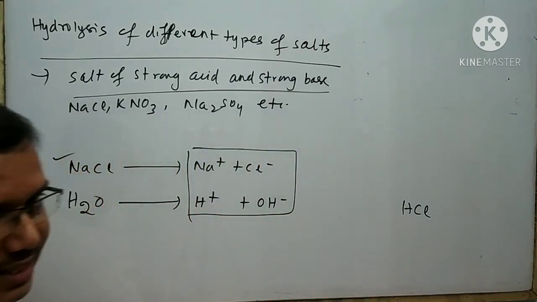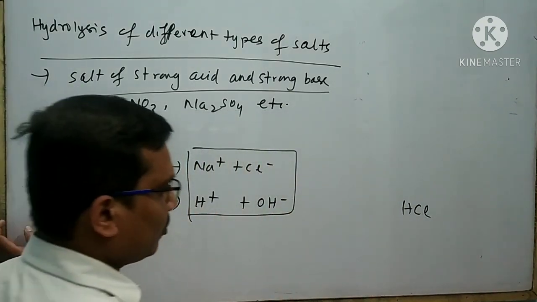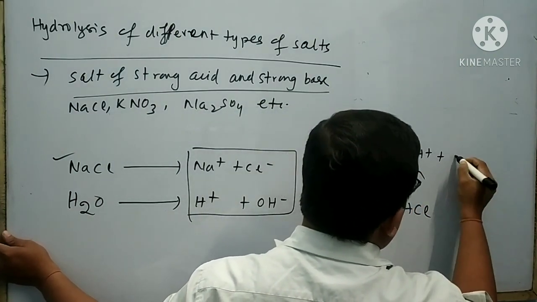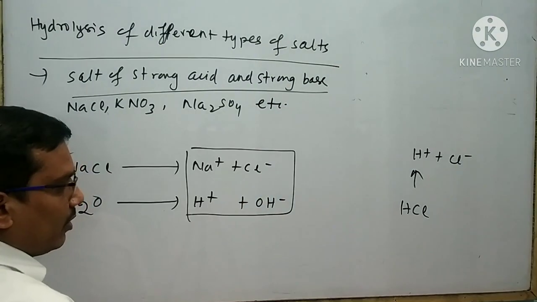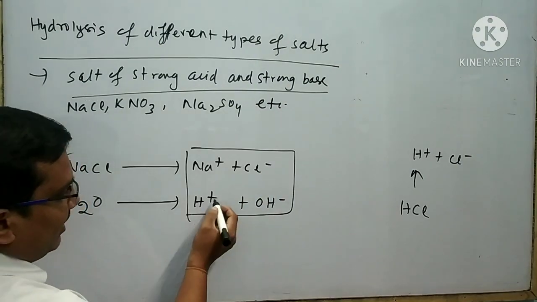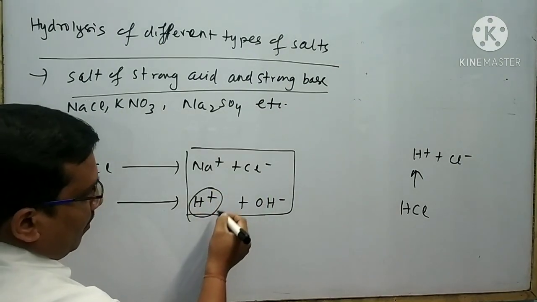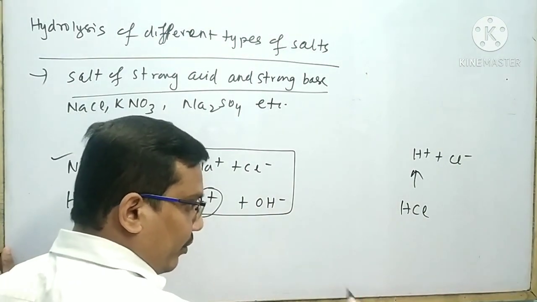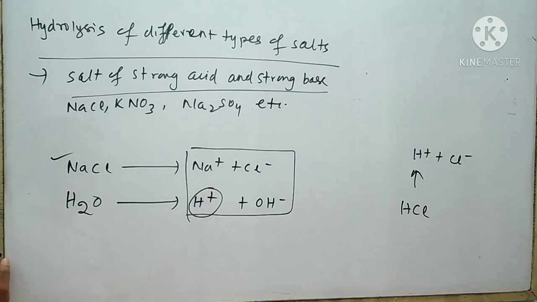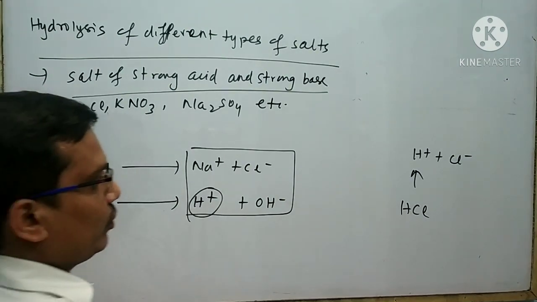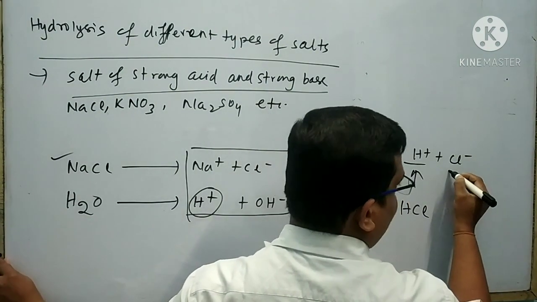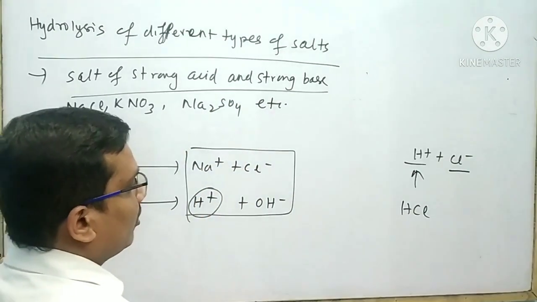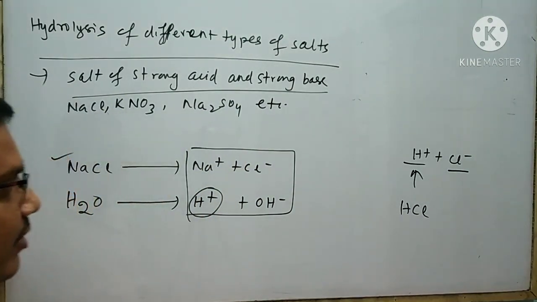But we know that HCl is a strong acid, so HCl again undergoes dissociation, giving H plus ion and Cl minus ion. So your H plus ion does not interact with the Cl minus ion.